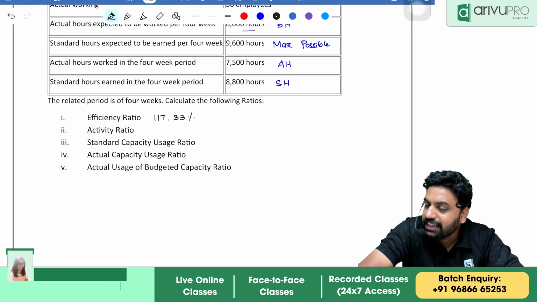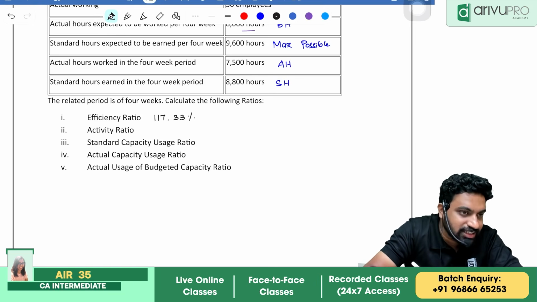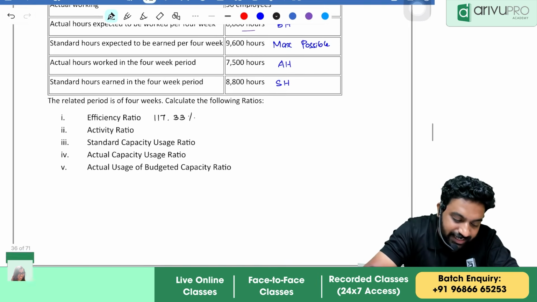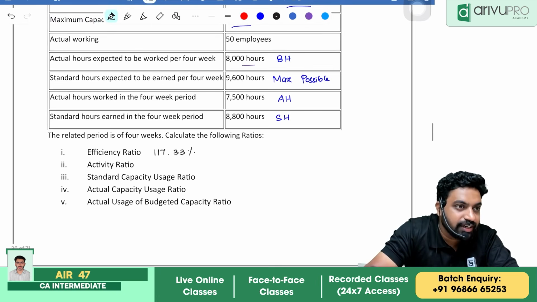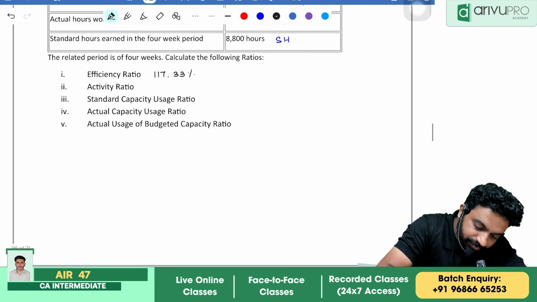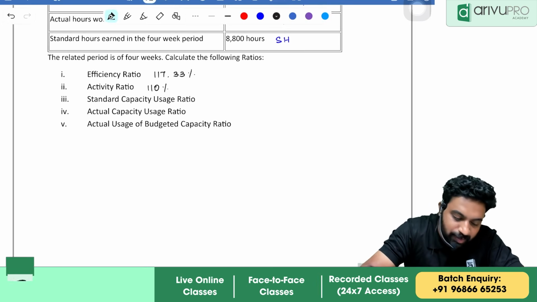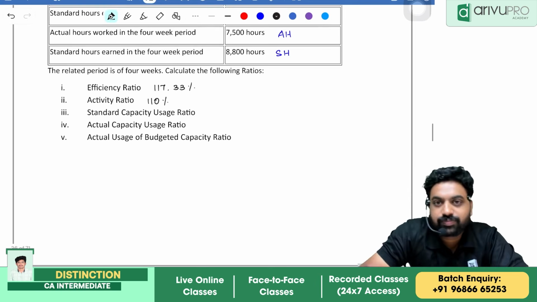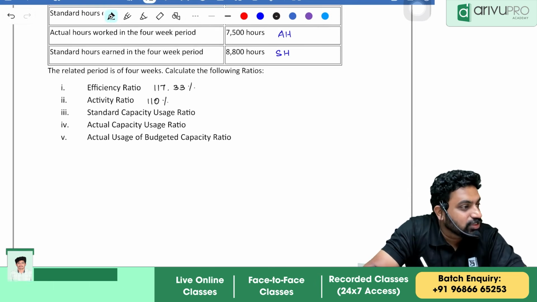Next, activity ratio. Guys, activity ratio is standard by budgeted into 100. Standard is 8,800. Budgeted is 8,000 into 100. 110%. Rocky Bhai, is that clear? What are you doing? Next, standard capacity usage ratio.